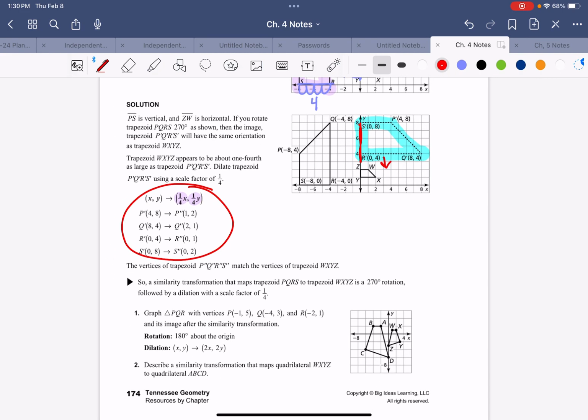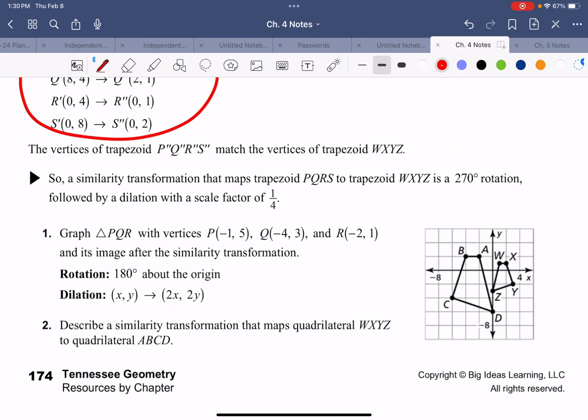Now, here they want us, we're going to 1 now, graph triangle PQR with vertices at P, Q, and R and its image after. So what you want to do is rotate it 180 degrees about the origin. And remember, when we do this, the rule is (x, y) will end up being (negative x, negative y).